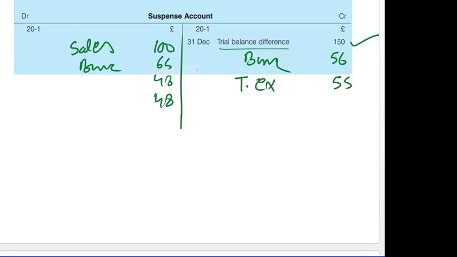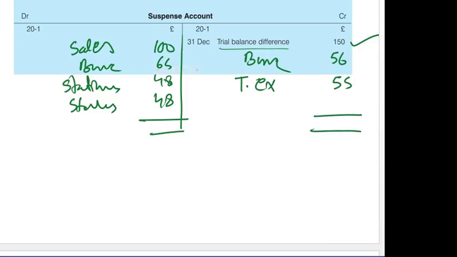That was for stationery. If we add up both sides, with my big calculator, both sides are 261, 261. That's your suspense account.